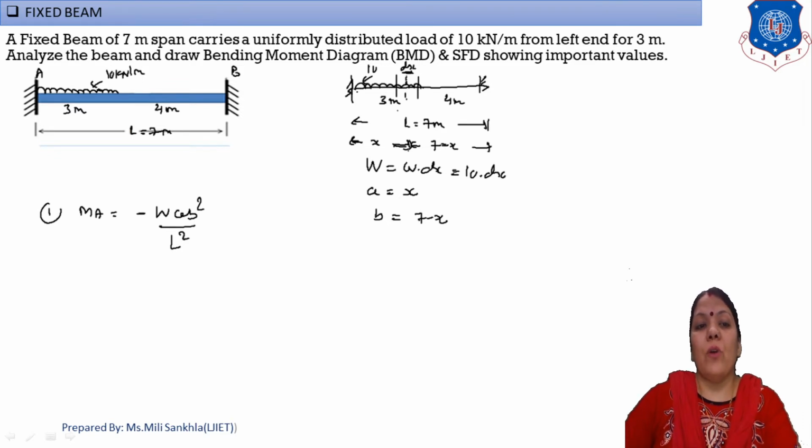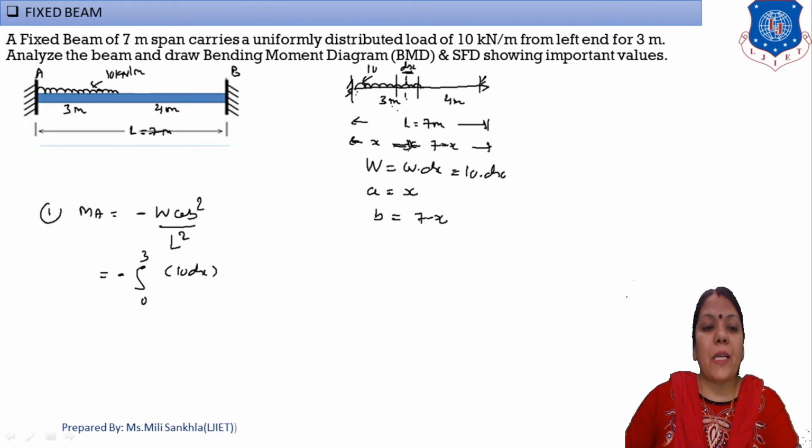Now to solve this I take a limit. The UDL load starts from this point, that means 0, and stops at this point, that means 3 meter distance. So here take the limit of 0 to 3, and my W is equal to 10 dx, a is equal to x and b is equal to (7 minus x) square, divided by L square.